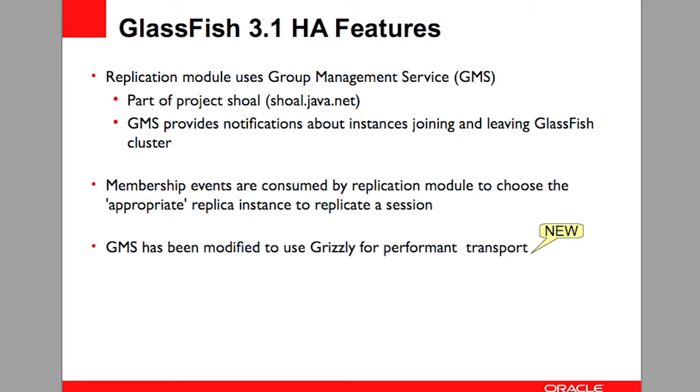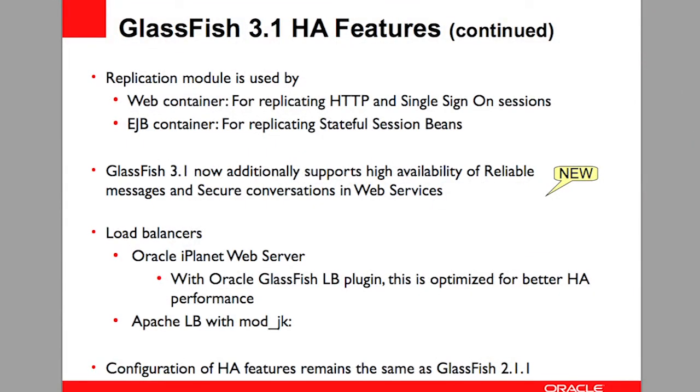These membership events are consumed by the replication module to choose the appropriate replica instance to replicate a session. GMS itself has been modified to use Grizzly for performance transport. The replication module is used by the Web Container for replicating HTTP and single sign-on sessions, and also by the EJB Container for replicating stateful session beans.